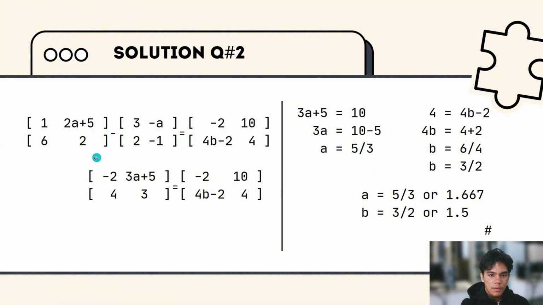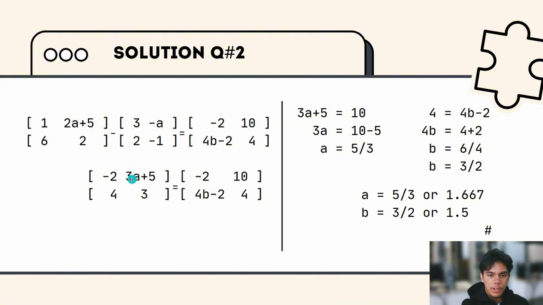And then we put this together and compare it to the other side, negative 2, 3, 3a plus 5, 10, 4, 4b minus 2, 3, and 4. We're going to ignore this.